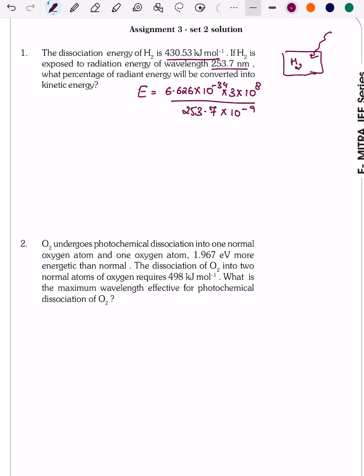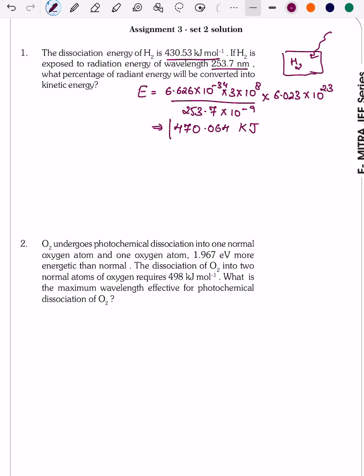These many nanometer. And this energy for 1 mole, that is, multiply it by 6.023 into 10 to the power 23, Avogadro number. Okay, now if we solve this, this comes out to be 470.064 kilojoule.